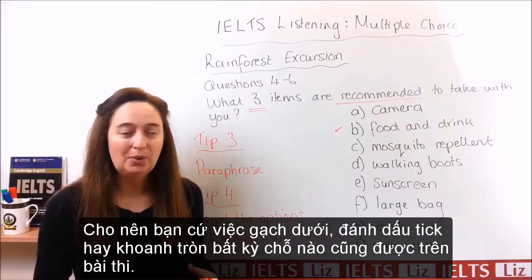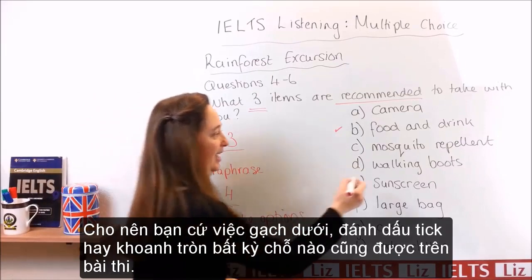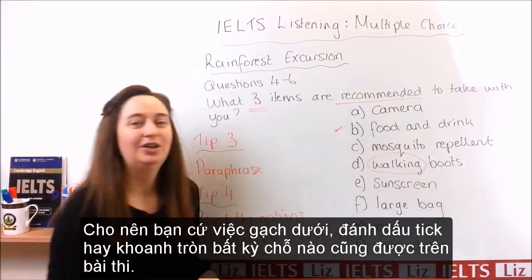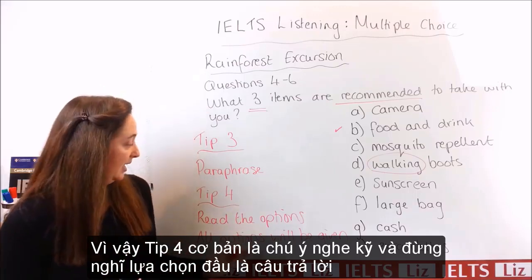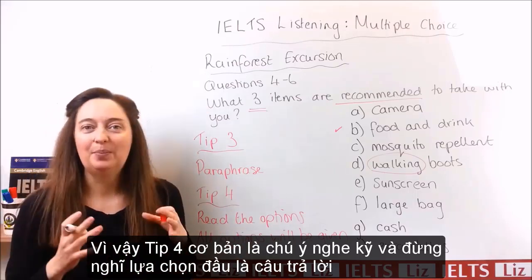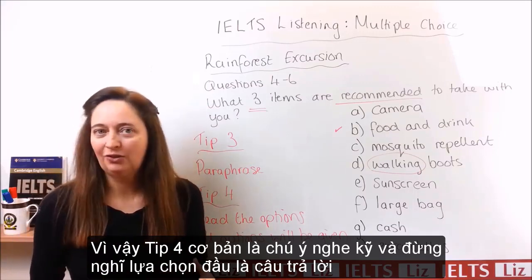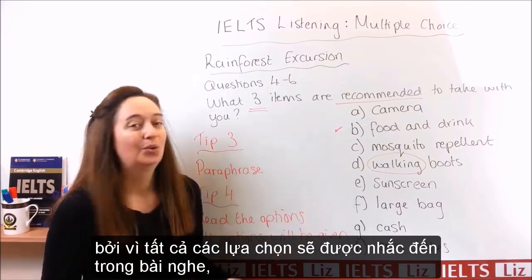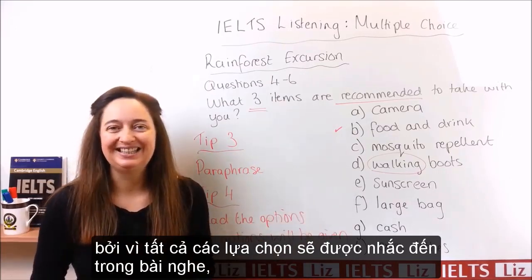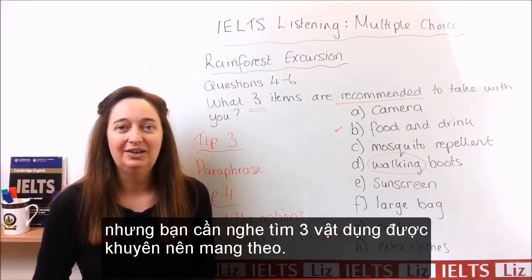So it's no problem to underline words and to put ticks and to circle options. You can do whatever you want with your paper. So basically, tip number 4 is pay attention, keep listening. Don't think that the first option is your answer, because all these options will be mentioned in the listening, but you need to listen for the 3 recommended items.